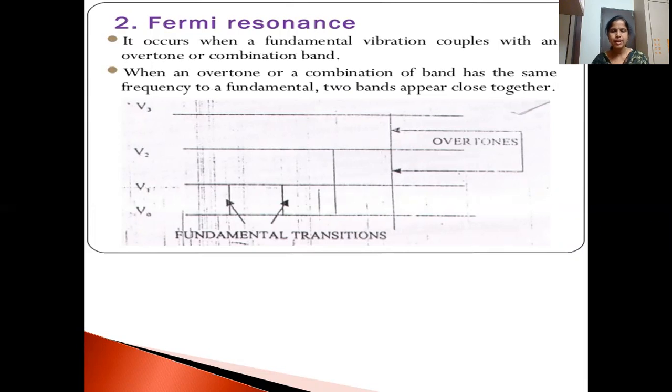These are two bands which appear very close to each other as a doublet, and they are because of Fermi resonance. So Fermi resonance is nothing but the bands which appear when the frequency of the overtone bands is equal to the fundamental bands.